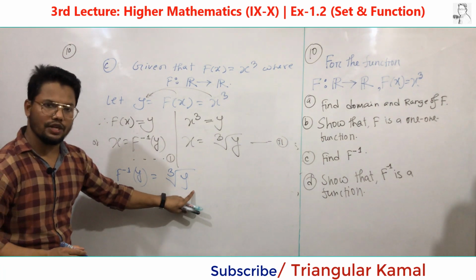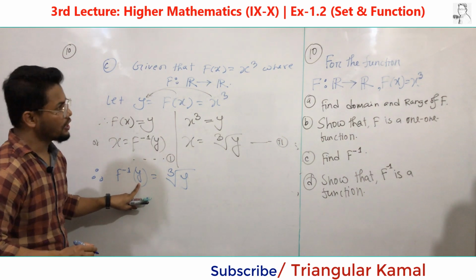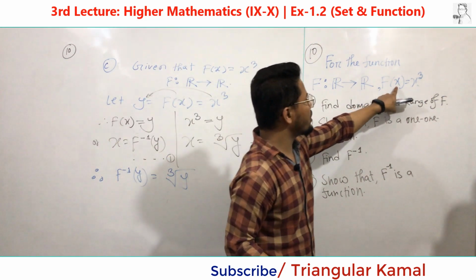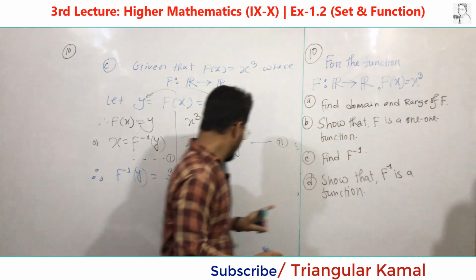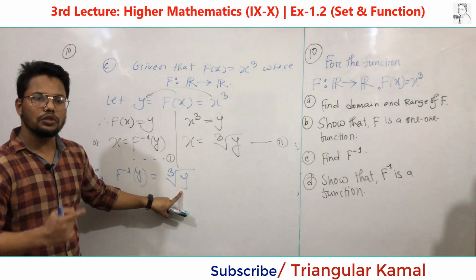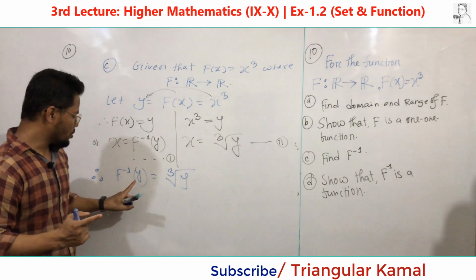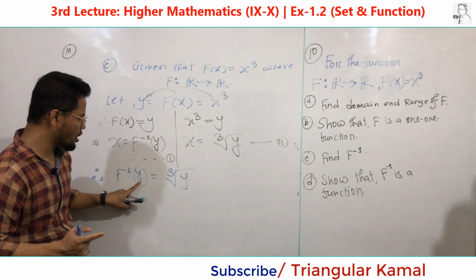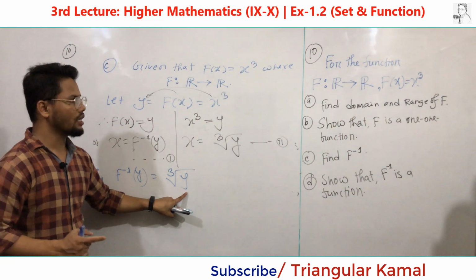This is the inverse function for variable y, but we started our maths where the variable is x, and if we change the variable, the domain, range, one-to-one and onto characteristics never change. So now we will change the variable y to x.